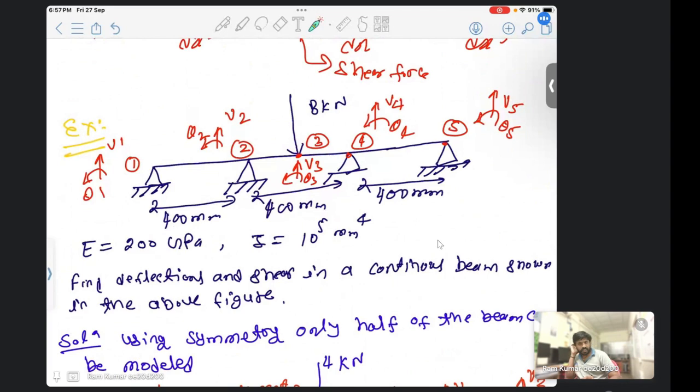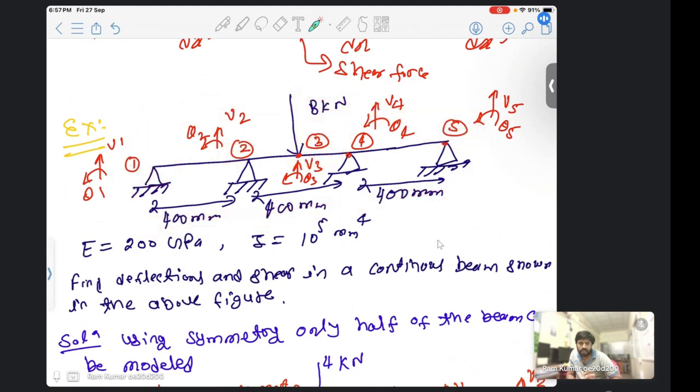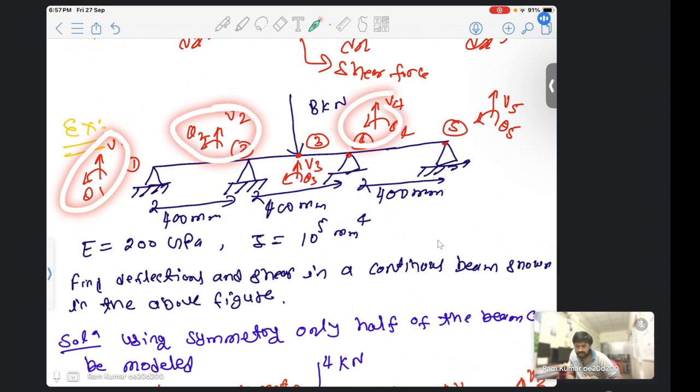This is one beam element. It has a total of 4 nodes, and each node has 2 degrees of freedom, vertical displacement and rotation theta. So this node has 2 degrees of freedom, similarly this one, this one, this one.